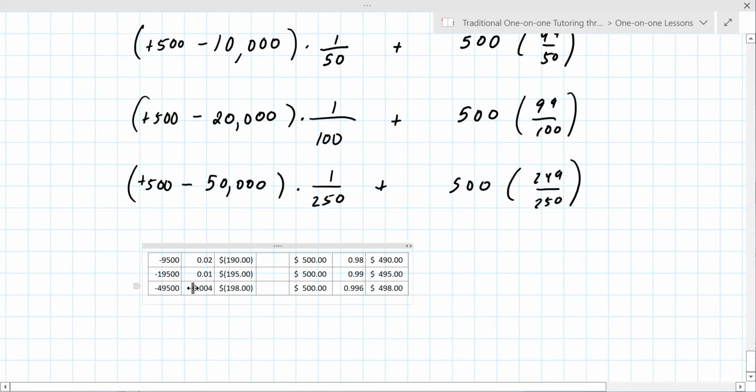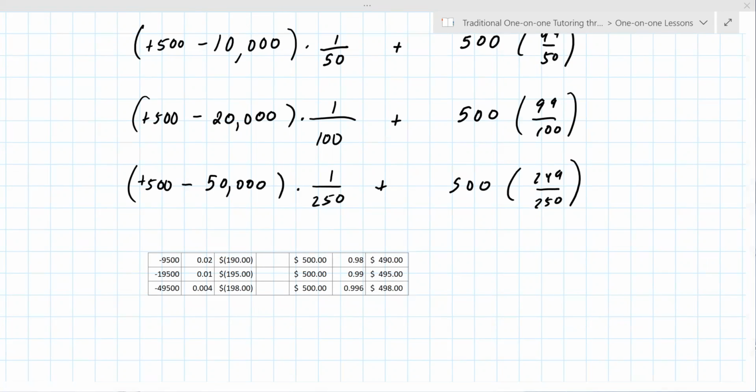And then similarly, the next one is they have to pay out 19,500, and that is 1% of the time. And then the third one here is where they pay out the 49,500 because they keep the 500, and that happens 0.4% of the time. And then the other percentage of the time, they just get the money.